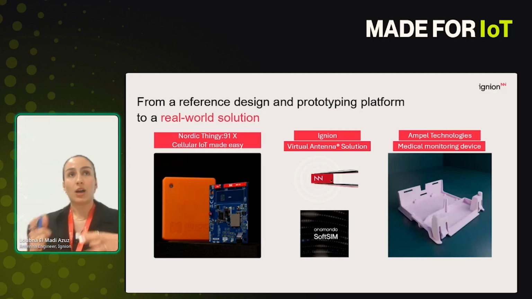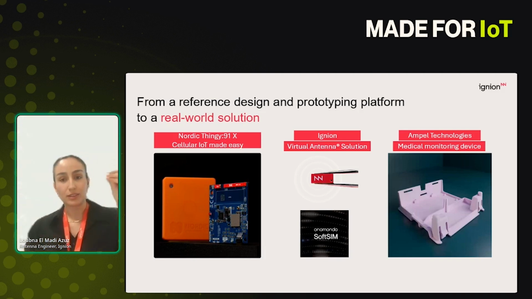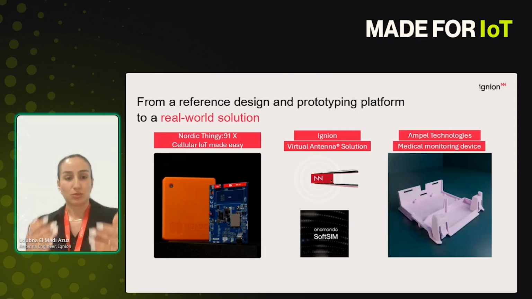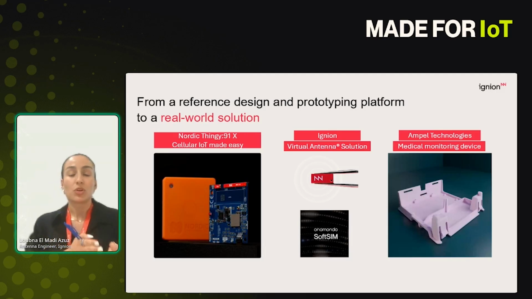The way we work is by thinking about the whole system. We have the antenna, the matching network, and the ground plane, and everything together radiates to the outside. By tuning the matching network, we decide which frequency to cover. For instance, we can use the same antenna to cover different protocols like GNSS, LTE, and Bluetooth. The only thing that might be different between the designs is the bill of materials of the matching network.